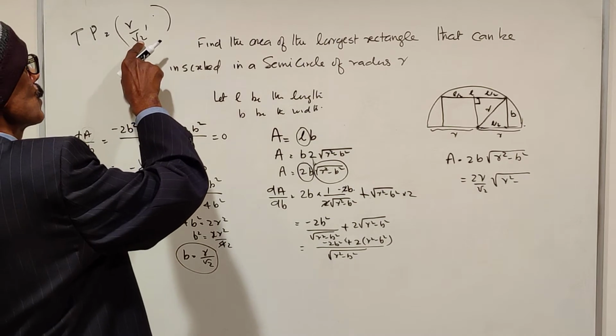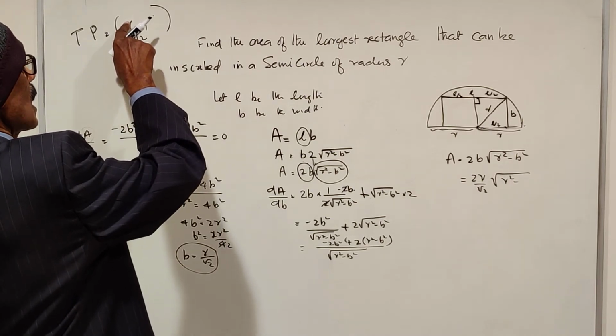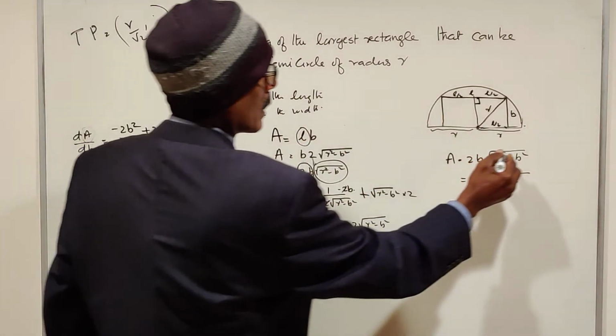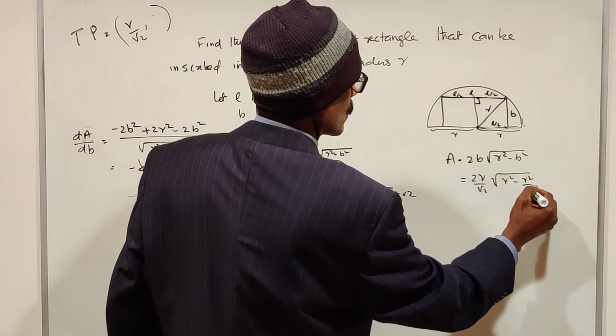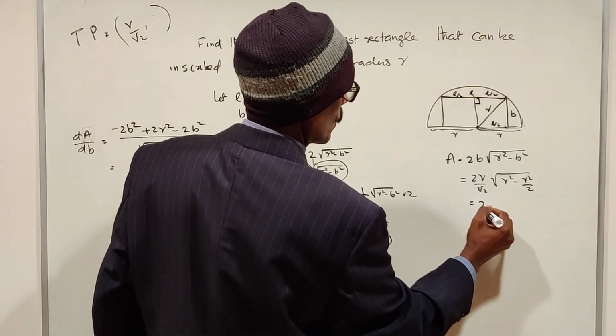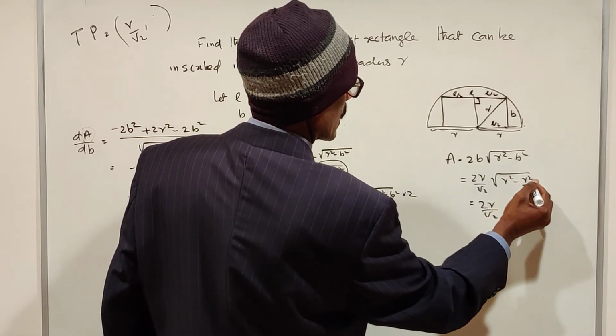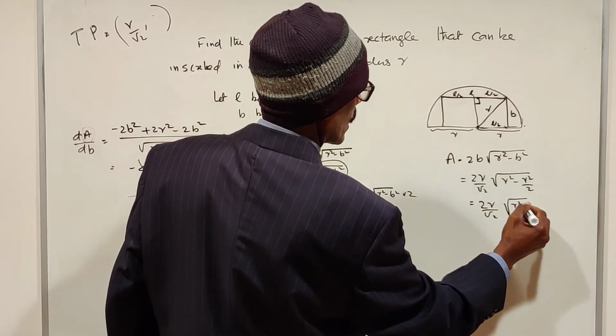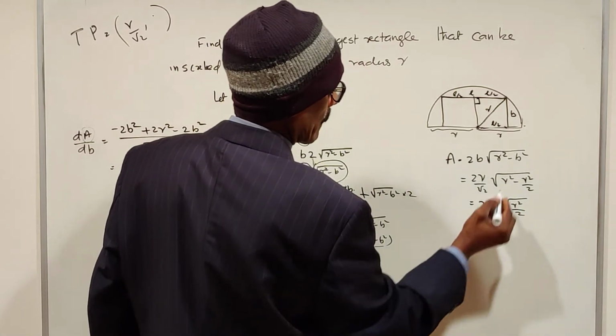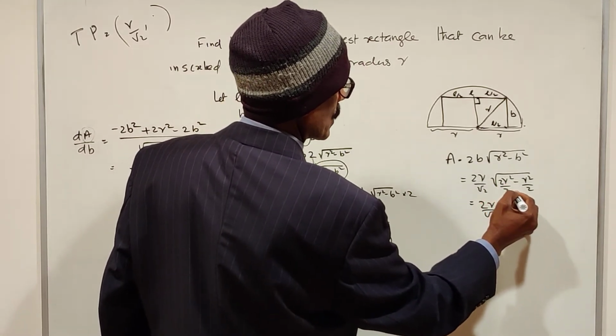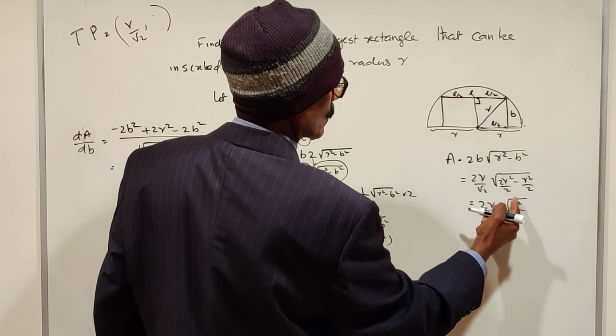Square of root 2 is 2, square of r is r square, so r square by 2. So 2r by root 2 into r square minus r square by 2, which is r square by 2. That is 2r square by 2. 2r square minus r square is r square by 2.